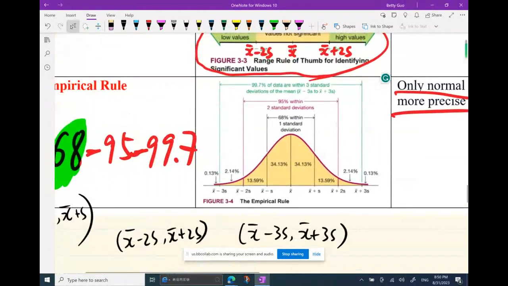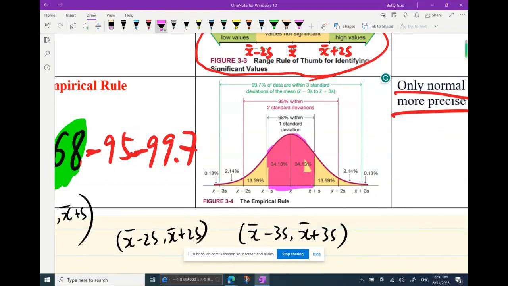This graph shows you the 68, 95, 99.7 rule, also called the empirical rule. Very important: the empirical rule only applies to normal distributions. Later we have a whole chapter talking about normal distributions.